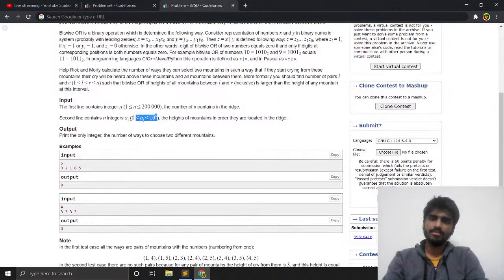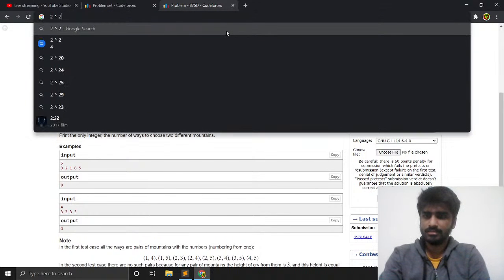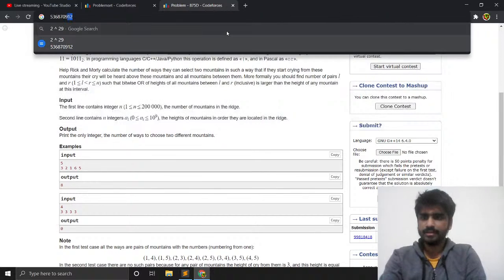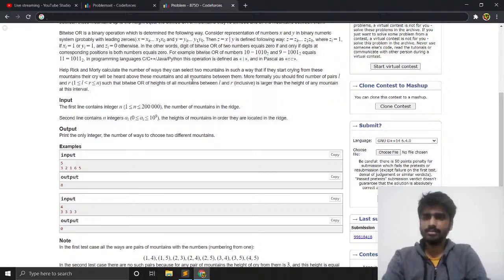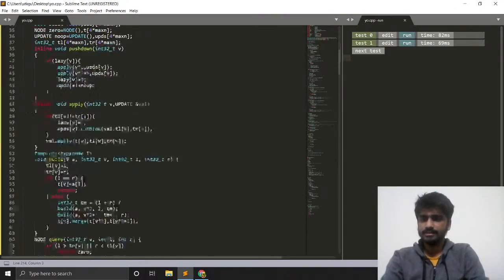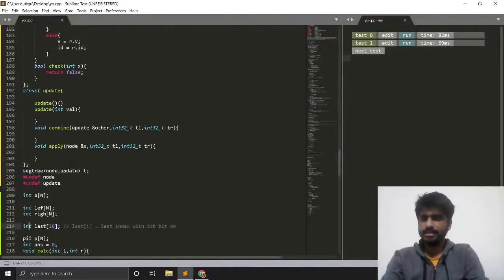I think that's the problem. 2 to power 29 is not big enough. Right? Yeah, so I need 2 to power 30. Okay. Probably this is what was wrong.